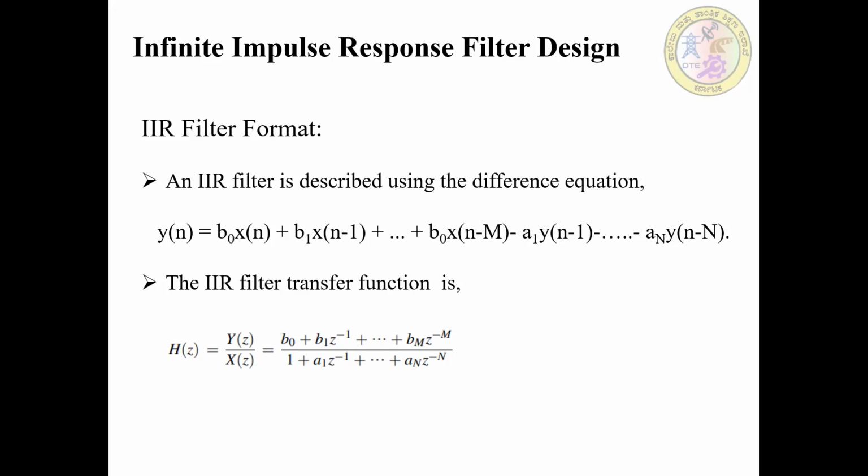So, the design of a digital IIR filter involves the design of the filter in the analog domain and then transforming it into the digital domain using various analog to digital transformation methods. There are many steps involved in designing a digital IIR filter.